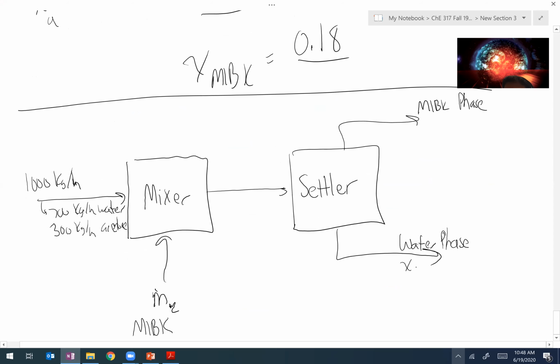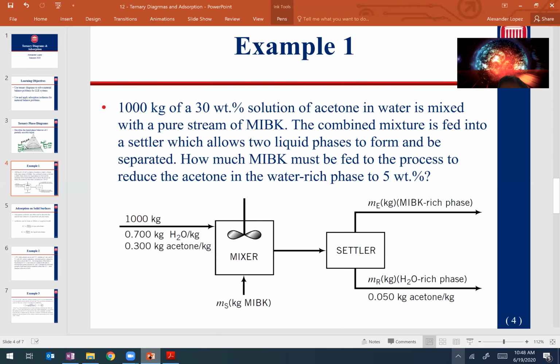And the acetone in this phase is 0.05. So I will be right back. I want you guys to think about this. How are we going to start this process? I'll give you a quick minute. I'll be right back.